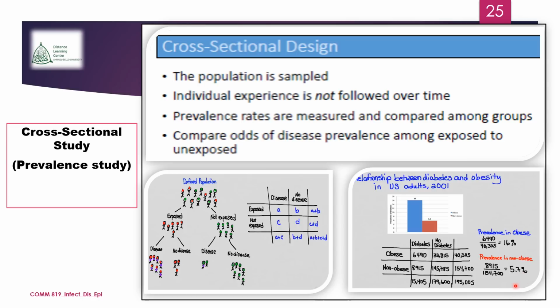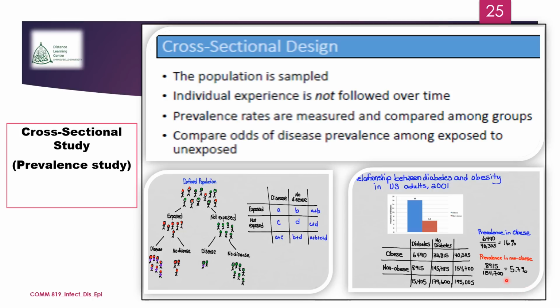So that number 3, based on the criteria that I gave you, if the odds ratio is greater than 1, that means there is a strong positive association, right? So the prevalence in obese divided by the prevalence in non-obese is about 2.9, which is approximately 3, which is greater than 1.